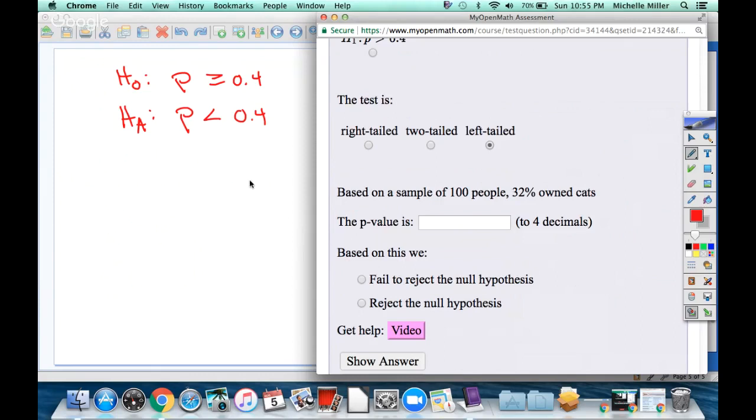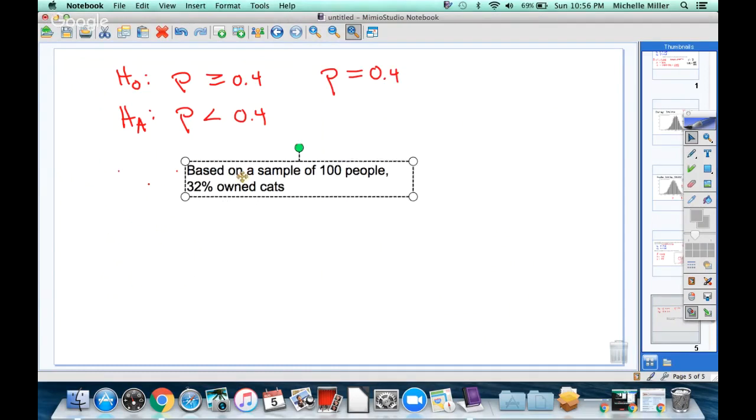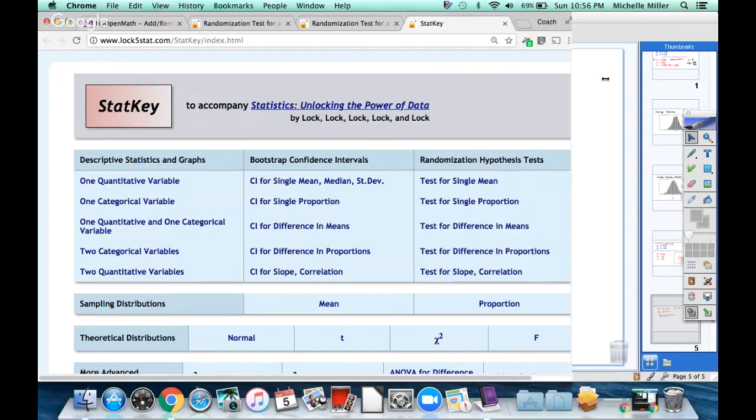So next we whip out StatKey. So I should copy that sample data, paste it into my notes. Hopefully you write a lot of stuff down when you're taking notes on these problems. It's a good idea. All right, so StatKey, there you are.